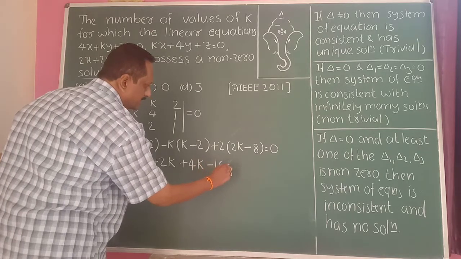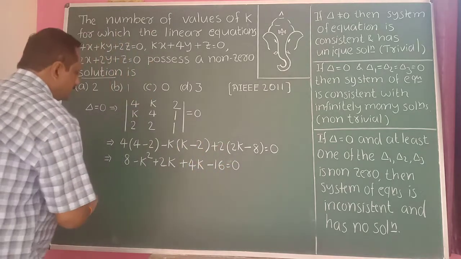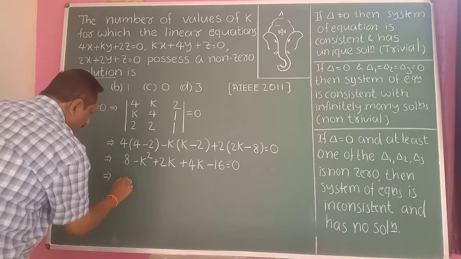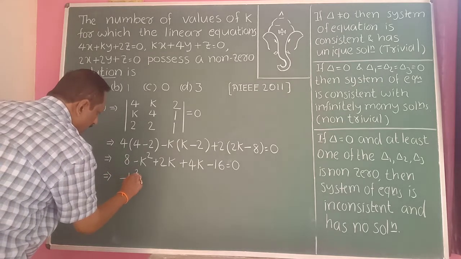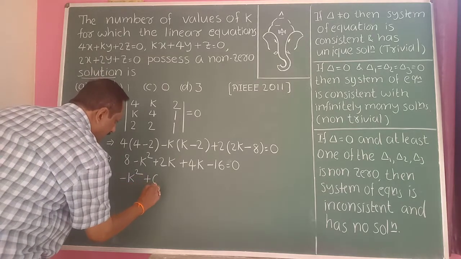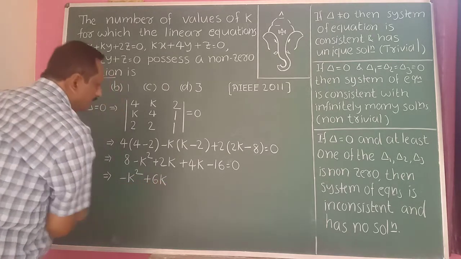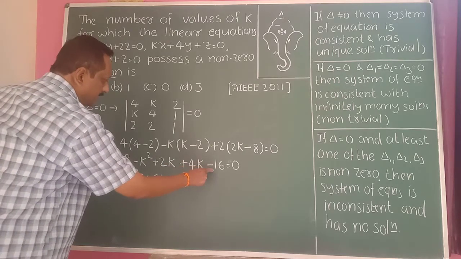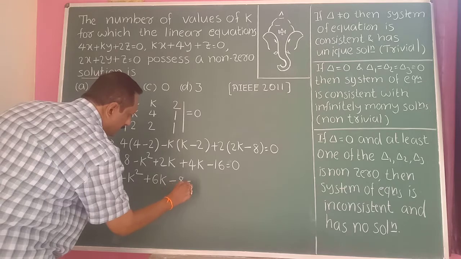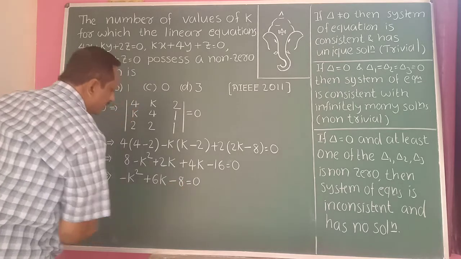Minus 16 is equal to 0. So this implies minus k square. Okay. Then 2k plus 4k becomes 6k. It is 6k. 8 minus 16 is minus 8 here. That is equal to 0.